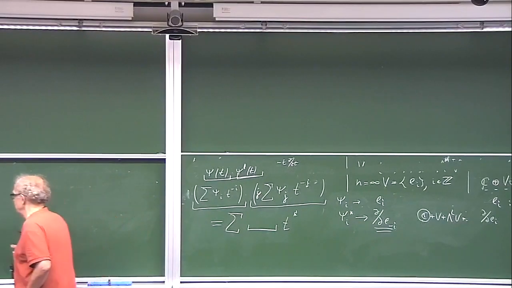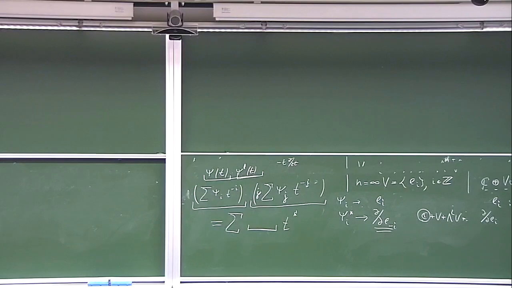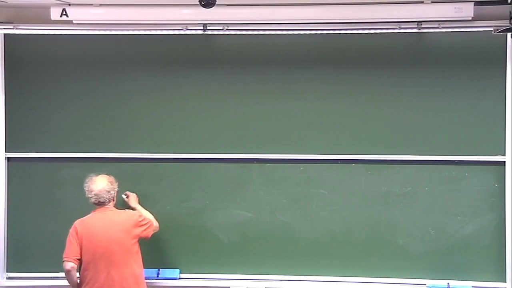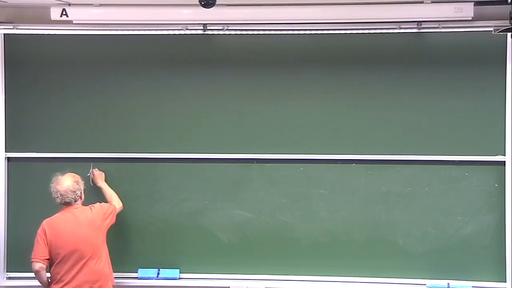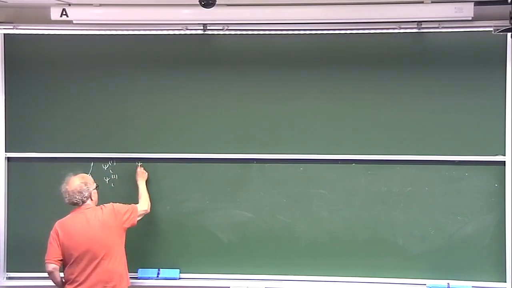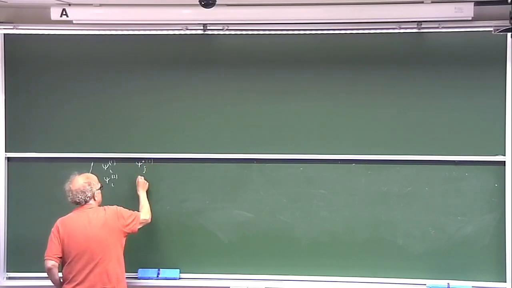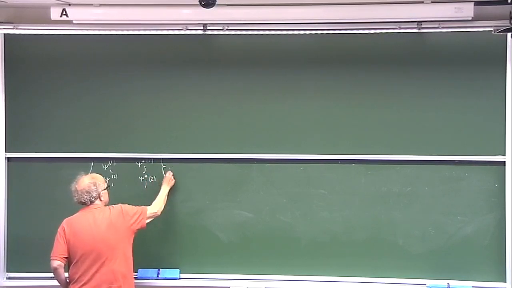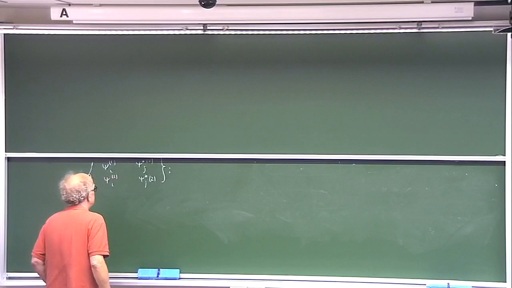But let me consider the following next example. I want to take the algebra where I have psi i 1, psi i 2, and psi j star 1, and psi j star 2.